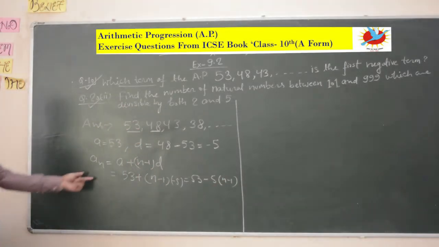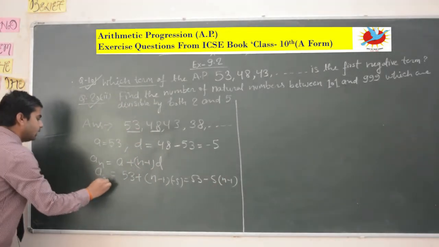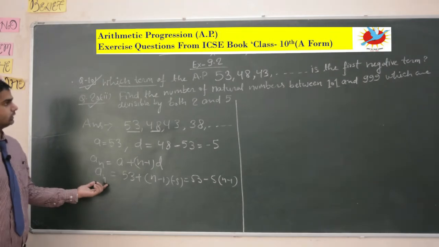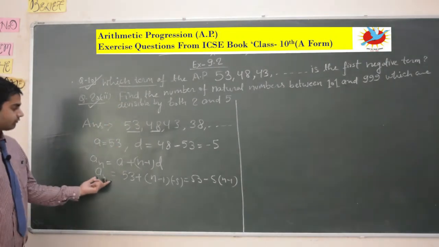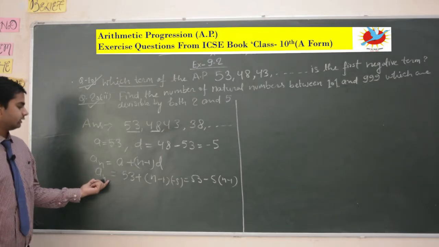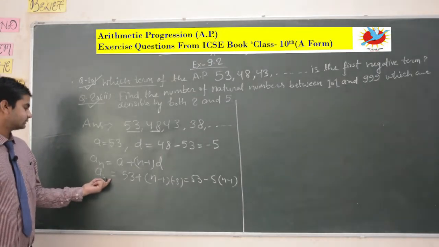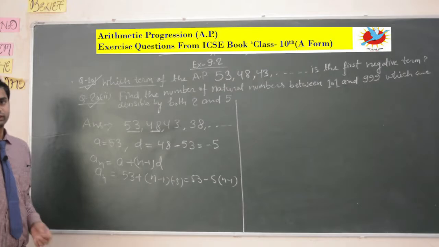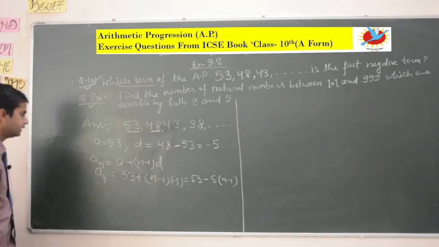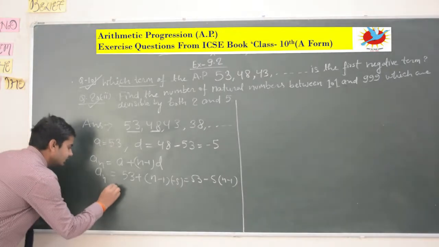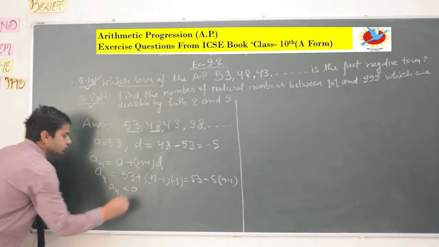This is the nth term, and we are assuming that this nth term is the first negative term, that is, the value of An is less than 0. The numbers which are less than 0 are called negative. So we can write An is less than 0.